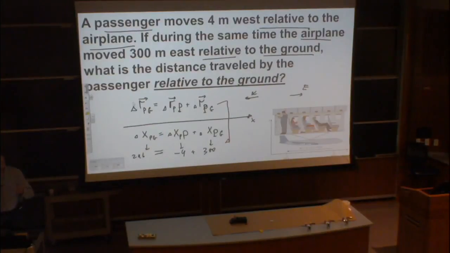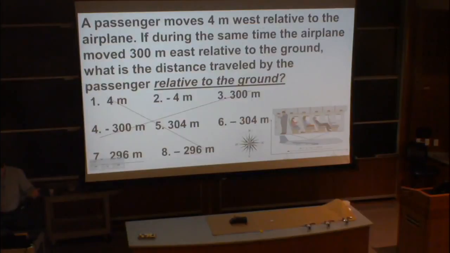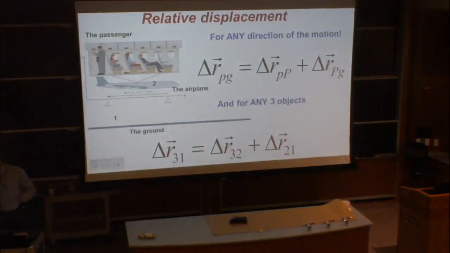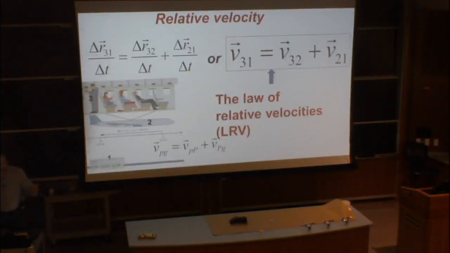As long as we know how to correctly name or assign a number to each term, we can solve any related problem. So we've seen that, but again, in general, it doesn't have to be airplane, passenger, ground. It could be any 3 objects, and displacement over time gives the law which we've used.